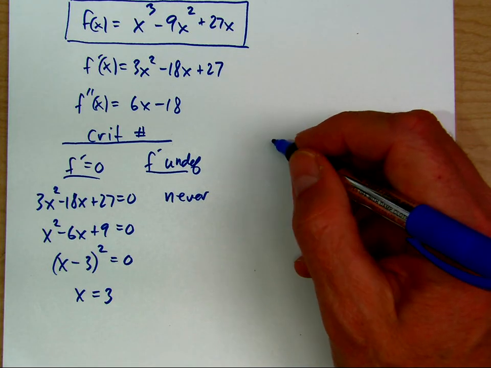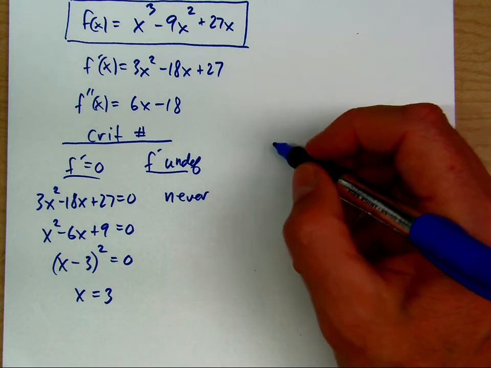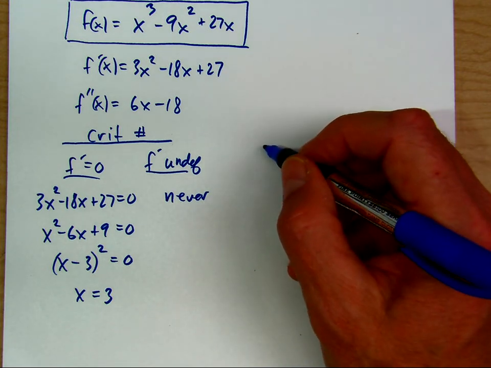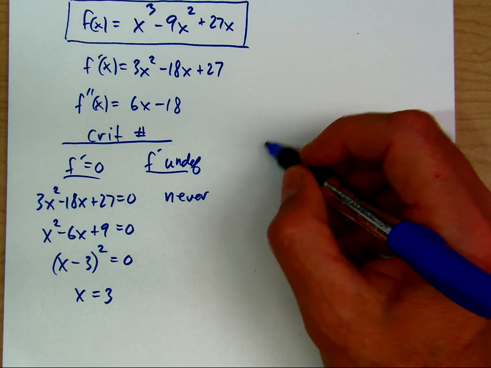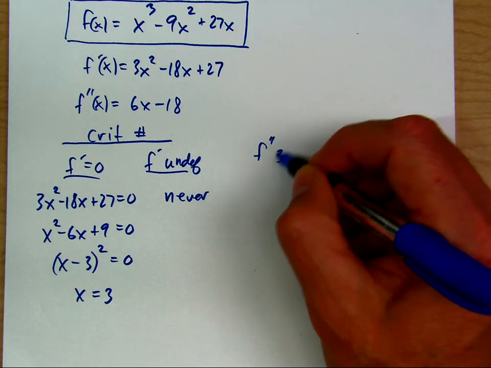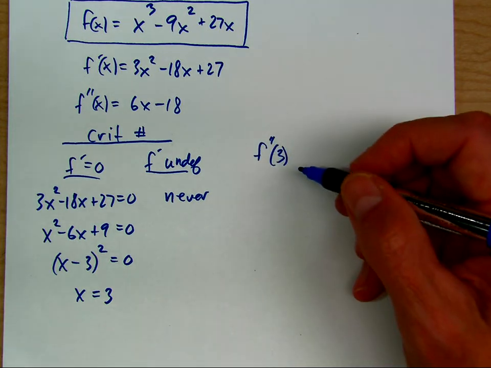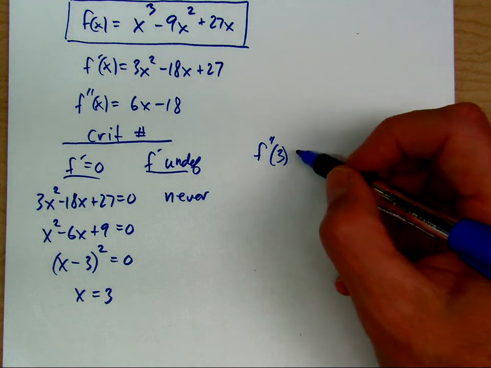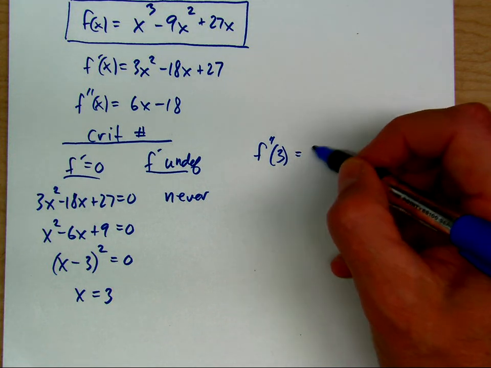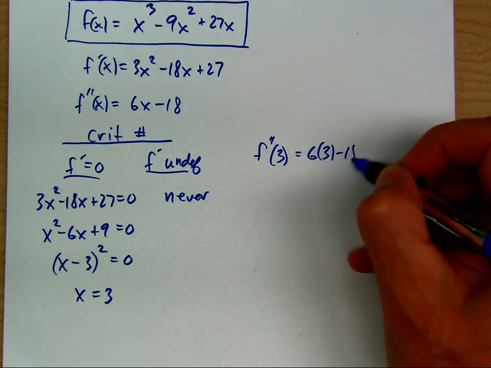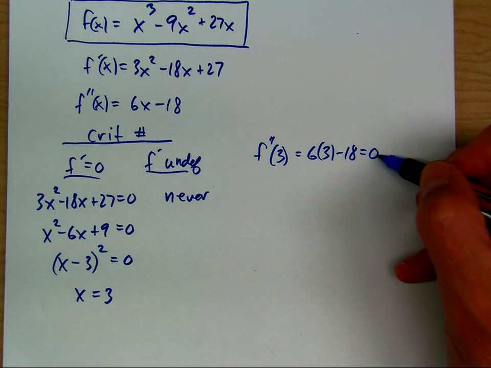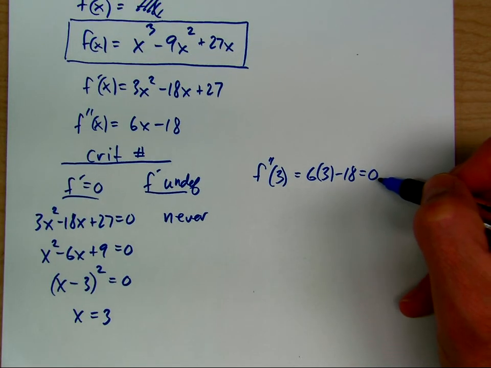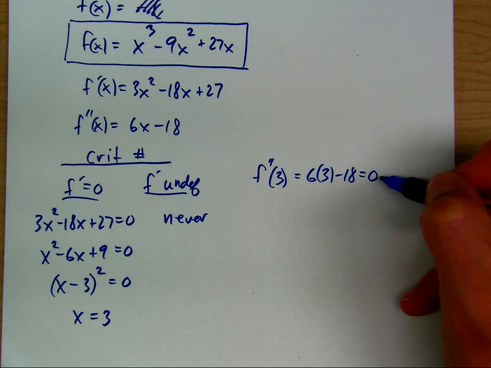So let's look at f double prime of 3. Six times 3 minus 18 is 0. So this tells us that the test is inconclusive.